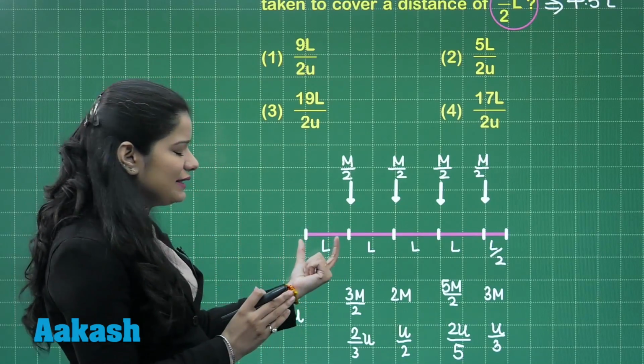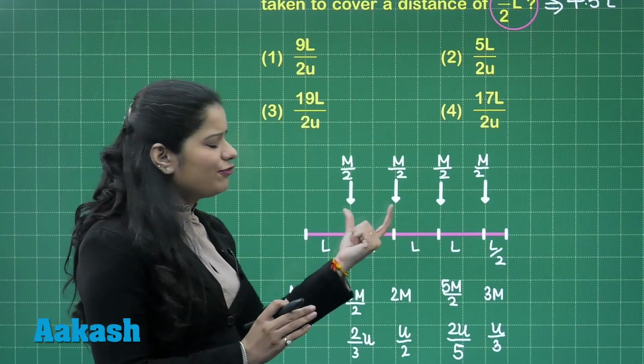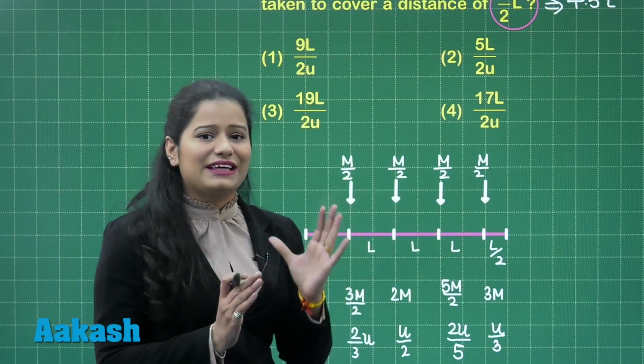It means this is L, this is L, this is L, this is L, and this is L by 2. So these are 4.5 intervals of length L.